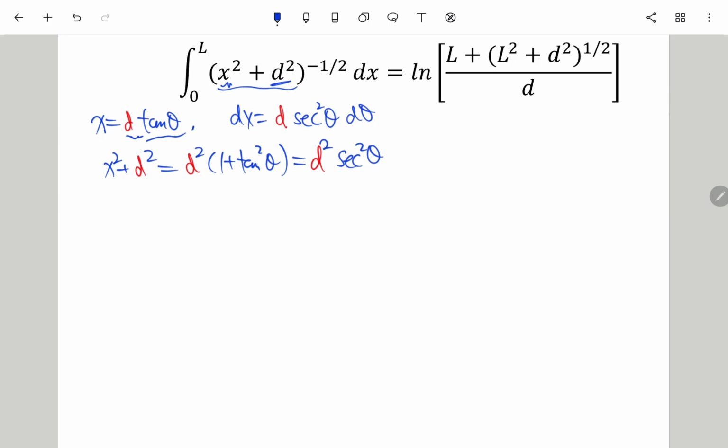This is trigonometry. Hopefully you still remember the trigonometry formulas. So this is the preparation we need to calculate this integral.